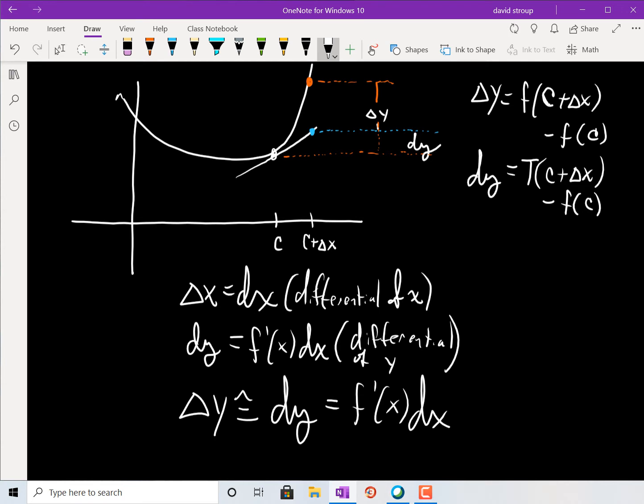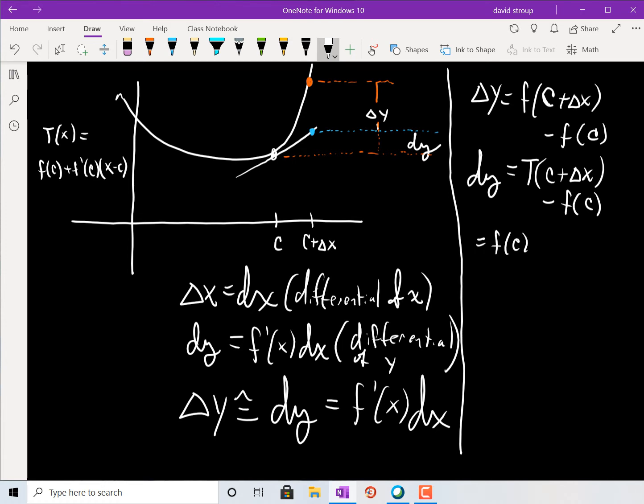If you remember, just to the side on the upper left here, T of x was equal to f of c plus f prime of c times x minus c. So if we plug c plus change in x in for x, wherever we see x, we get f of c plus f prime of c times c plus change in x minus c, and then minus f of c.